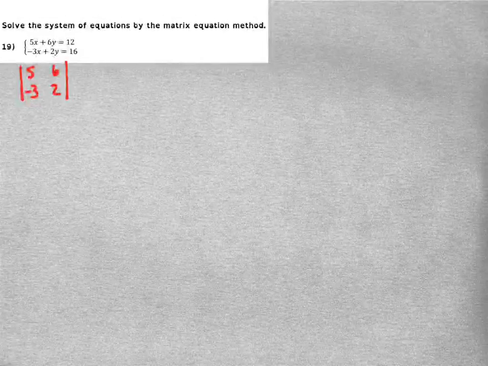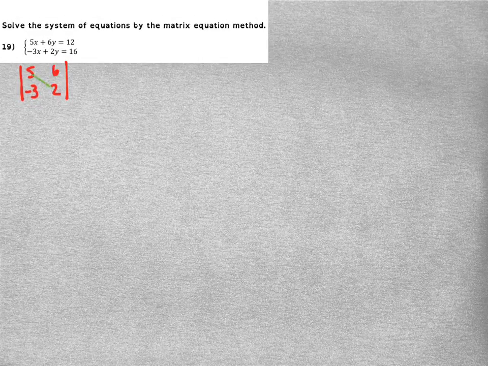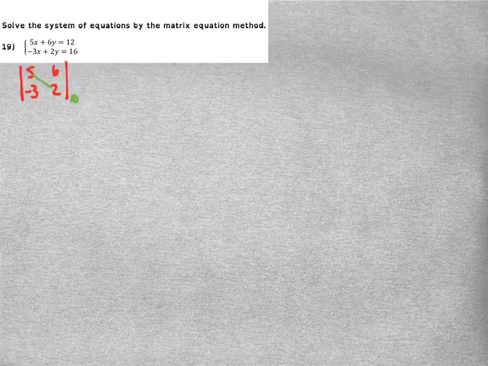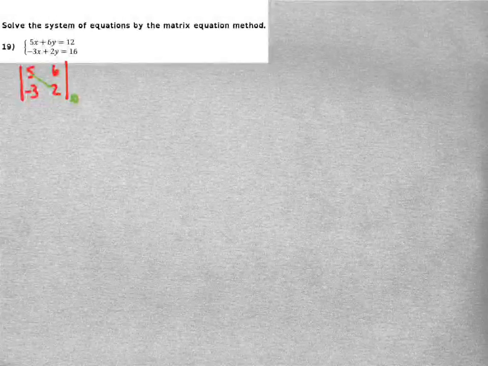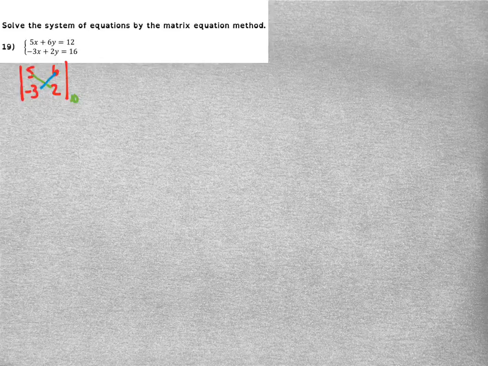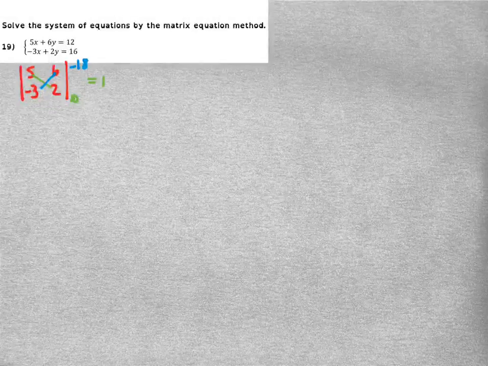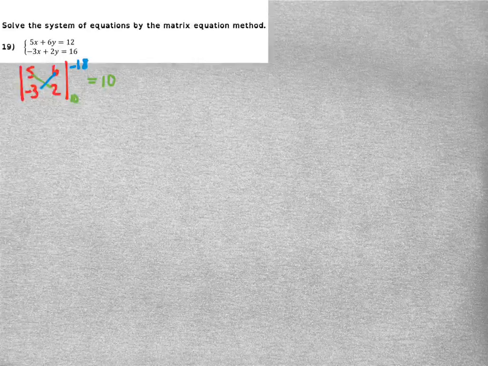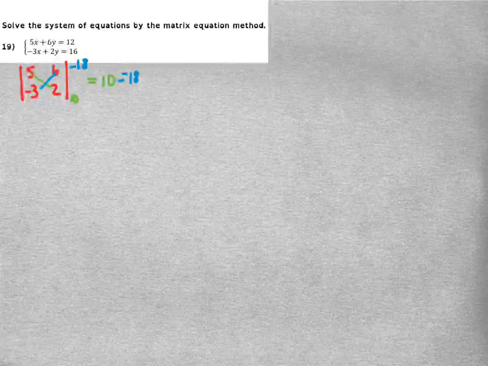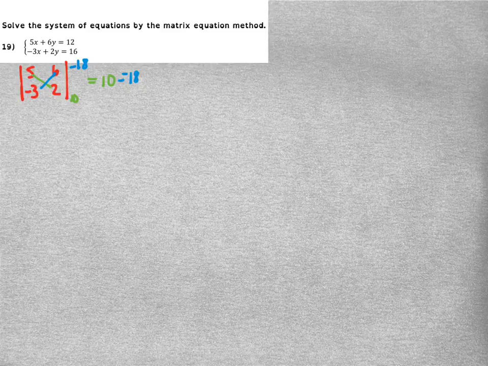Your downs minus your ups. Your downs are 10, and your up is a negative 18. Downs minus ups is 10 minus a negative 18, which is 28.